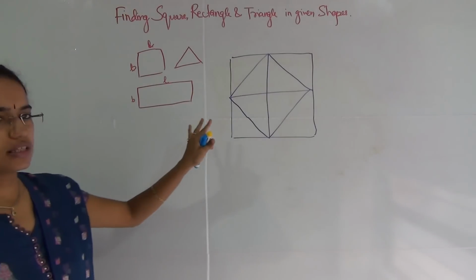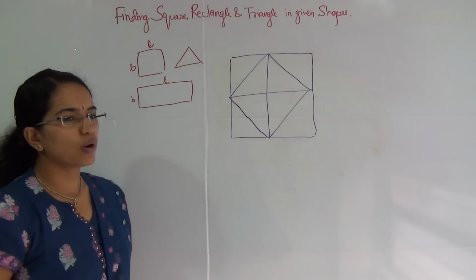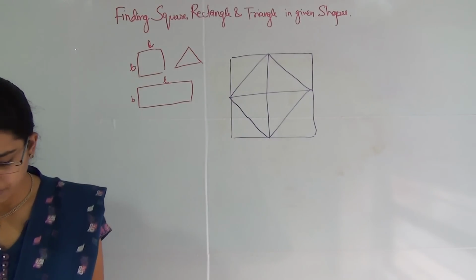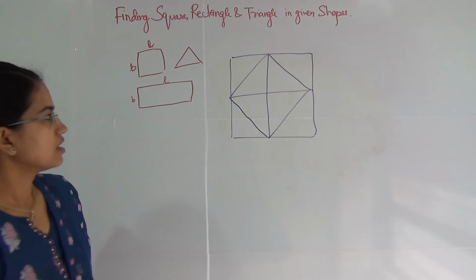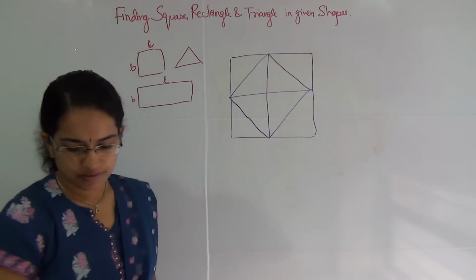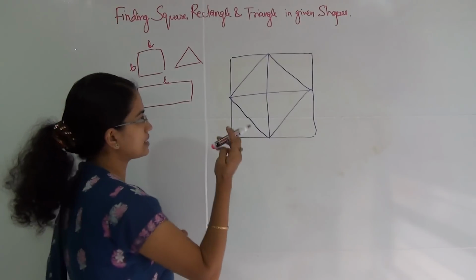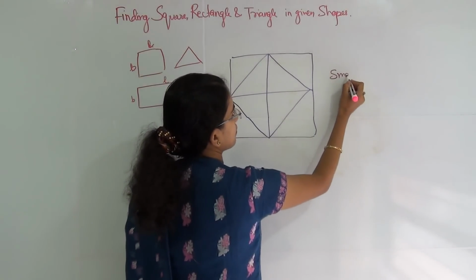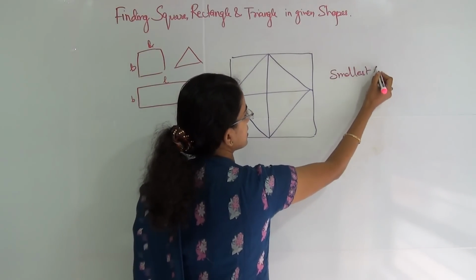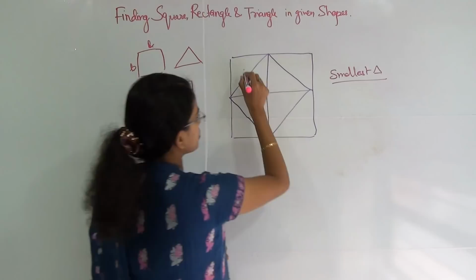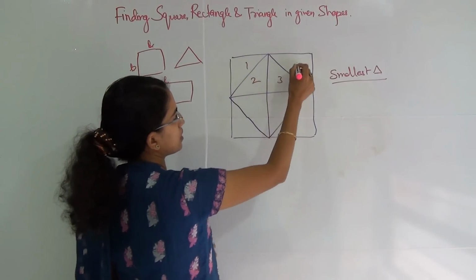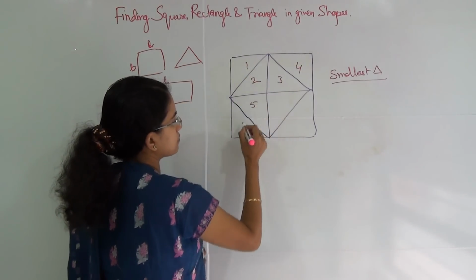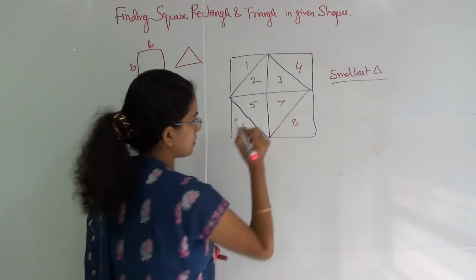Now in this question, if you are asked to find the number of possible triangles, what would be the number of possible triangles here? So again what I will start with is finding the number of smallest triangles. So we'll start with the smallest triangles again. Okay. So you have 1, 2, 3, 4, 5, 6, 7 and 8.